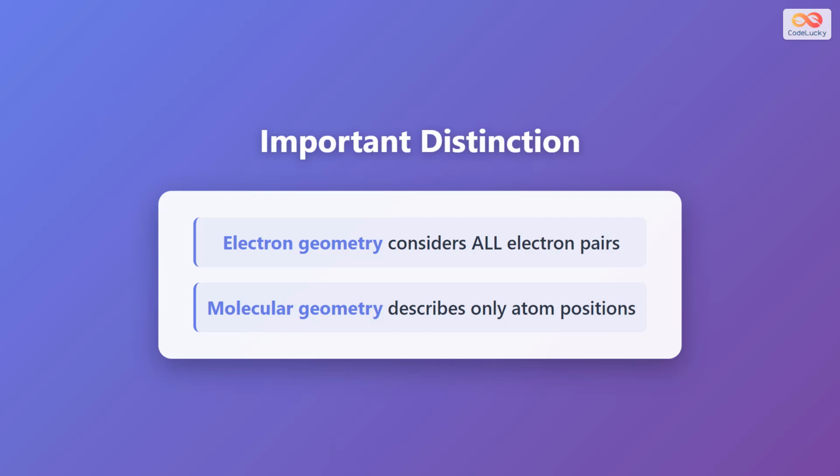It doesn't include lone pairs in the description. This is an important difference because a molecule can have a tetrahedral electron geometry, for example, but if one position is occupied by a lone pair rather than an atom, the molecular geometry would be different, it would be pyramidal. Understanding this distinction is crucial for accurately describing molecular shapes.